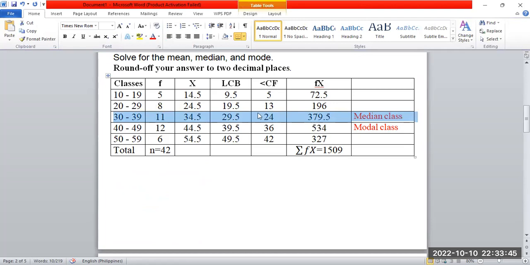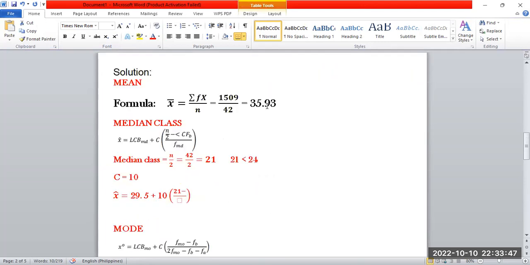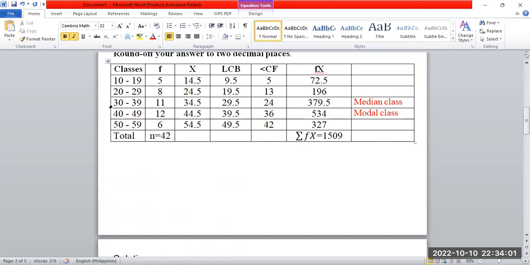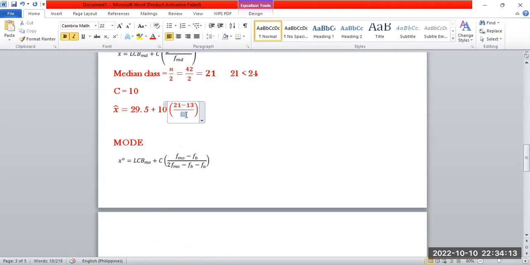Before the 24, which is 13. Kaya minus 13. And then our frequency of the median class, ayun, 11. That's why it's divided by 11. Can you still follow?